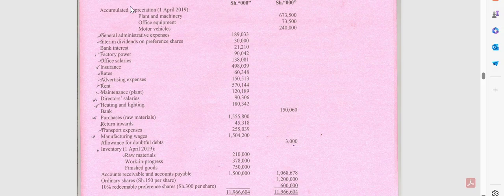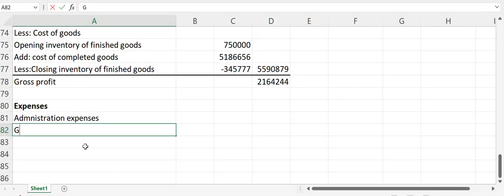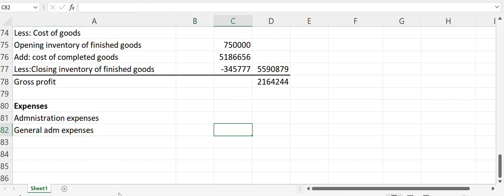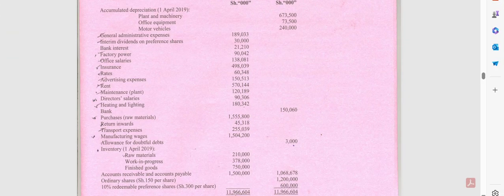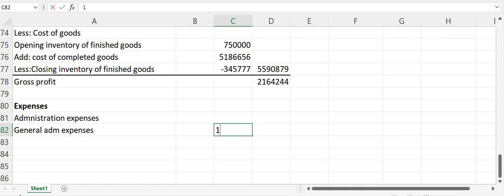We have general administration expenses. So the general admin expenses was 189,033.